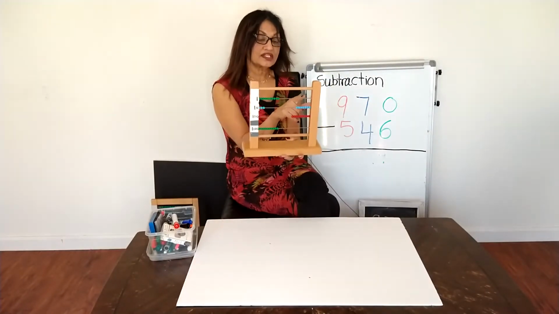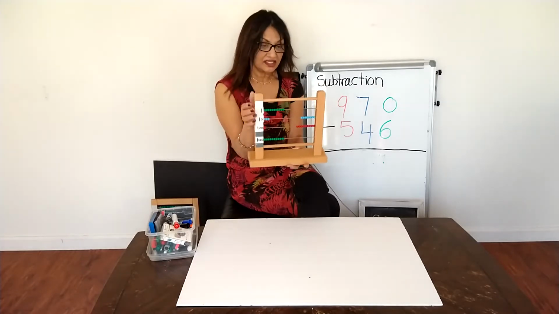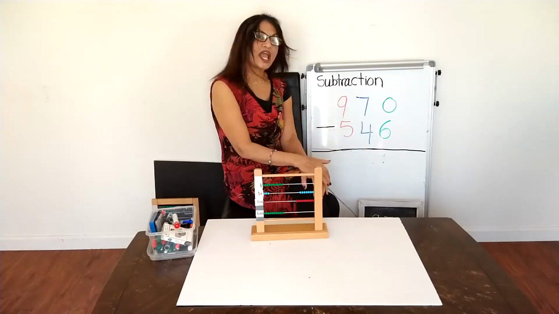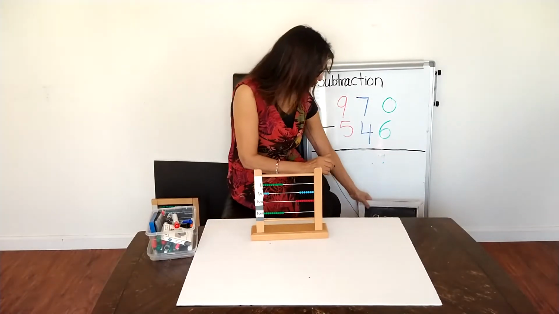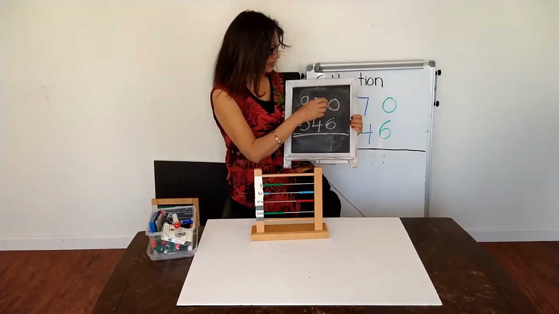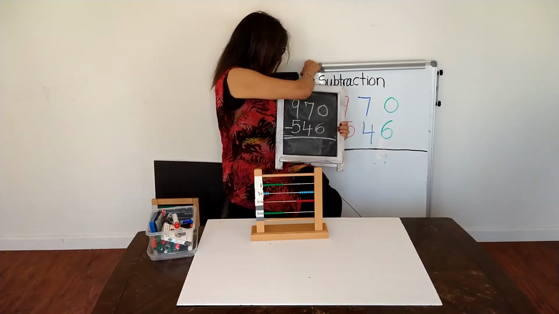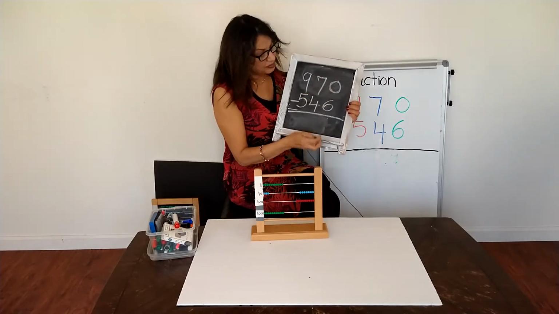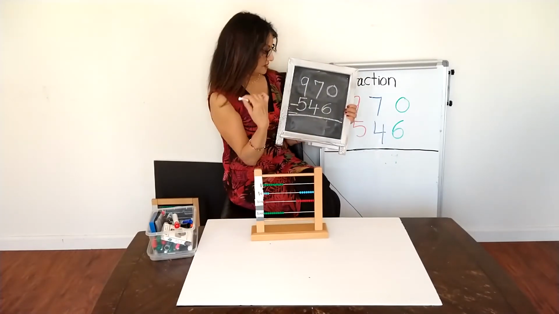On the units place we have nothing, so we need to give away 6. What can we do? I'm going to show you here. So we have here 0, but we need to give away 6.